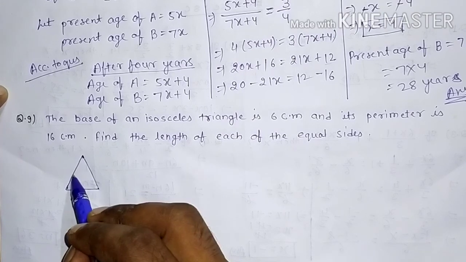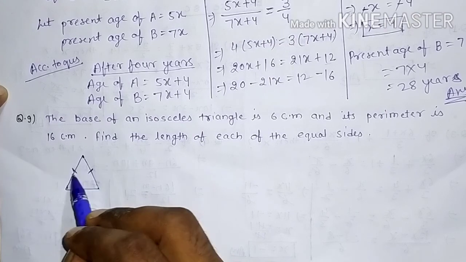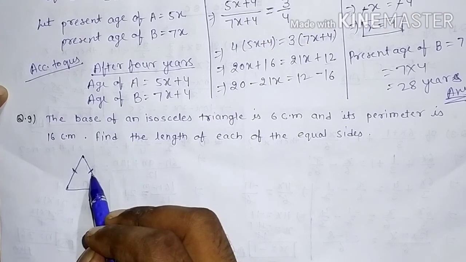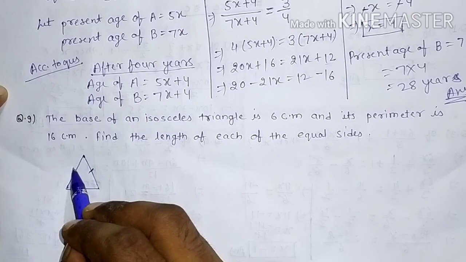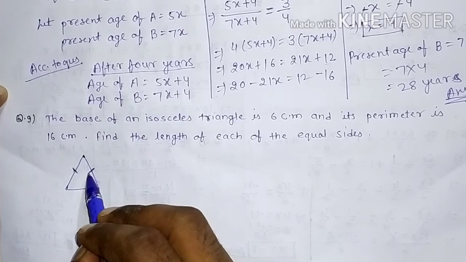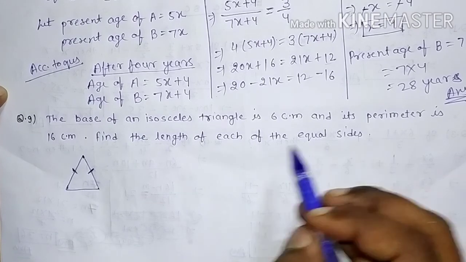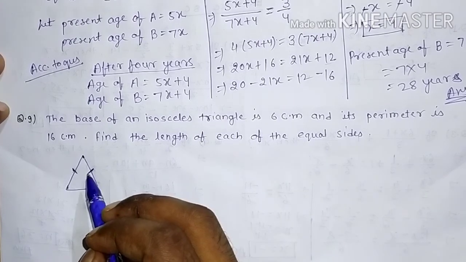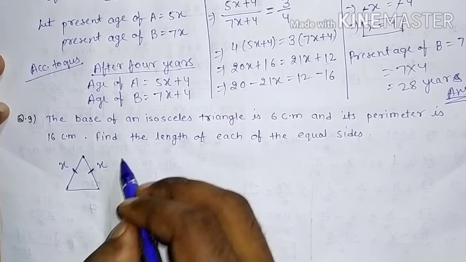So let's suppose this is the first side and this is the second side, these two sides are equal, and this is the property of an isosceles triangle. So let's suppose the equal side is x centimeter.